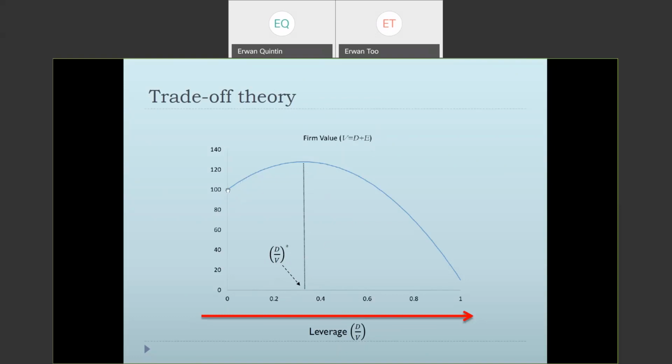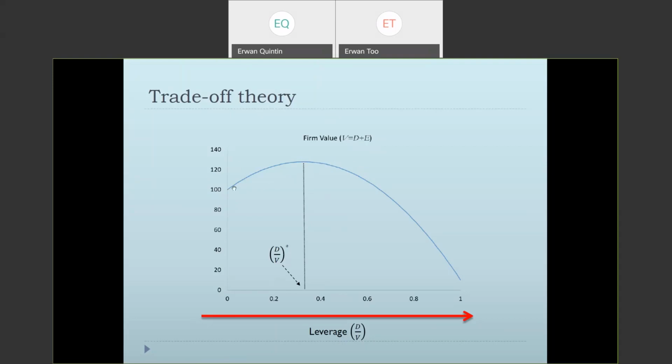Why? Because, just to repeat, debt initially is going to have positive consequences. There's the debt tax shield, and in video number 7, we'll discuss another important positive consequence of debt, at least initially. And then eventually, as the possibility of bankruptcy becomes closer, a higher and higher probability event, we start getting into all kinds of problems that we will discuss in more detail in video number 7.